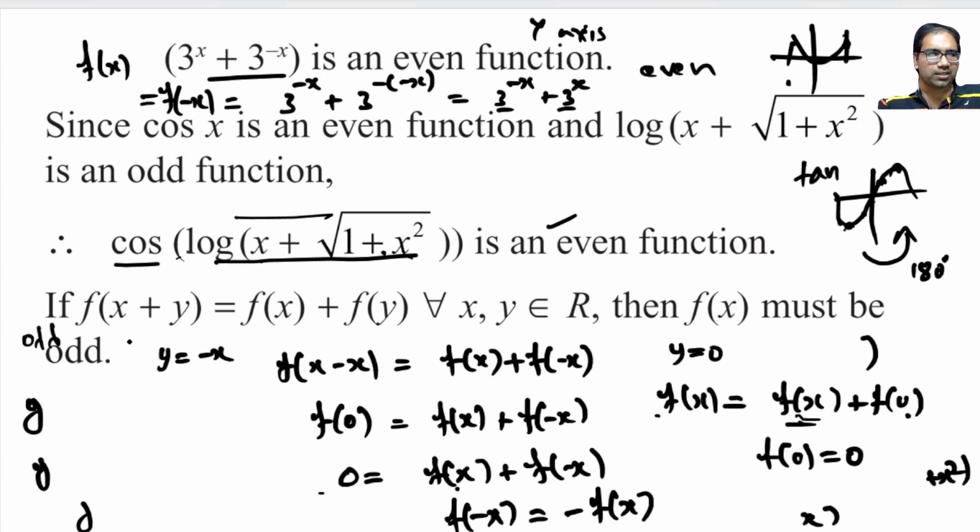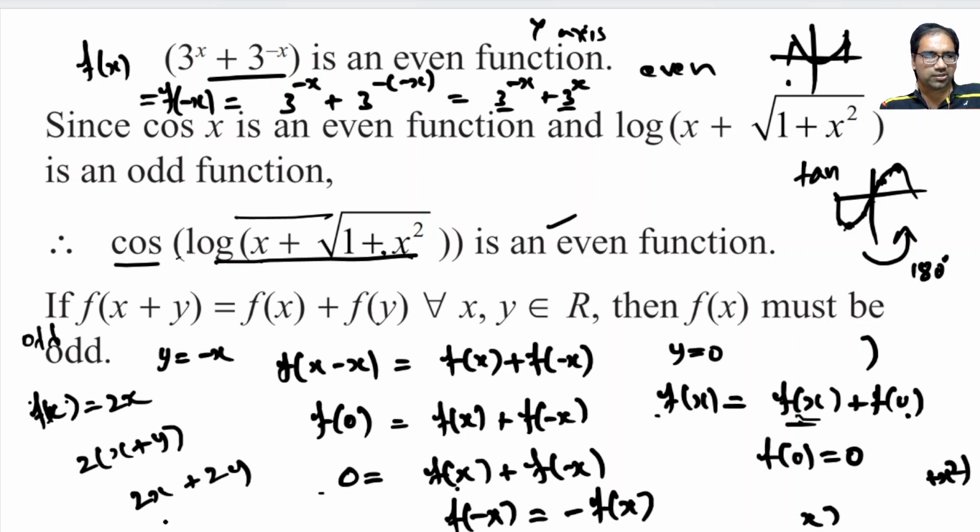So for example, if f of x is something like 2x, then f of x plus y will become 2 into x plus y, which is nothing but 2x plus 2y, which is nothing but f of x plus f of y.